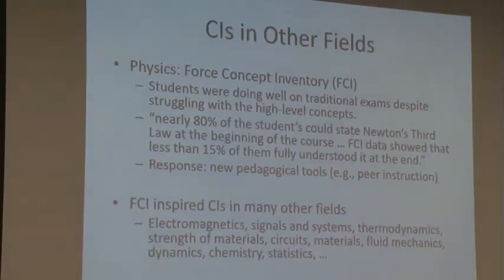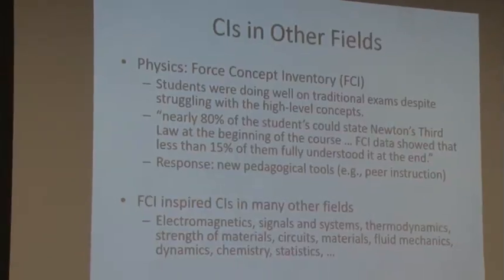So 80% of students could state Newton's third law at the beginning of the course. FCI data showed that less than 15% of them really understood it at the end of the course. And this really fundamentally changed physics education. As a computer scientist, I'm deeply jealous of physics education because they are so far ahead of us. Like, this made physics teachers really think we have to change what they're doing.